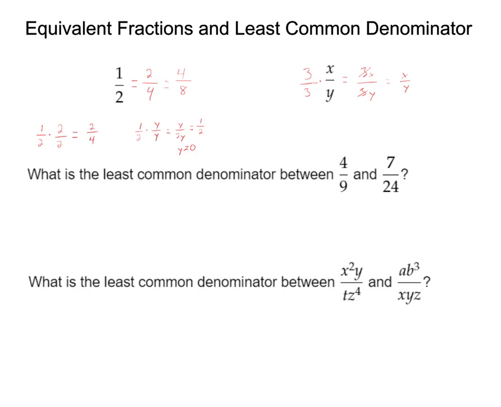But again, we can also use variables. So let's say we want to take x over y and multiply it by something like x y z squared over x y z squared. And then we would get x squared y z squared over x y squared z squared.